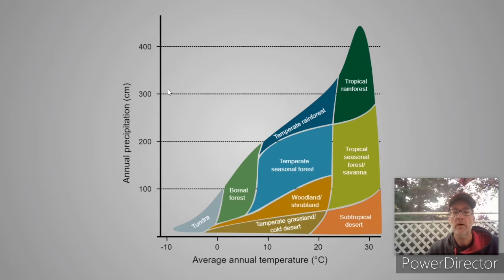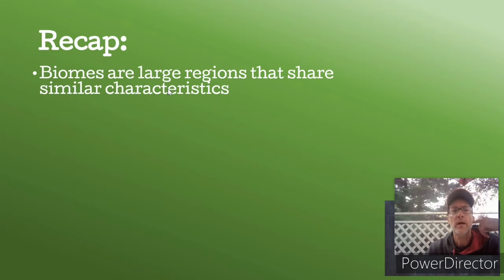So here they are all together, looking at annual precipitation and average temperature. This visual can give you an idea of the relationships between those abiotic factors and those different biomes. So, big recap: biomes are large regions that share similar characteristics.